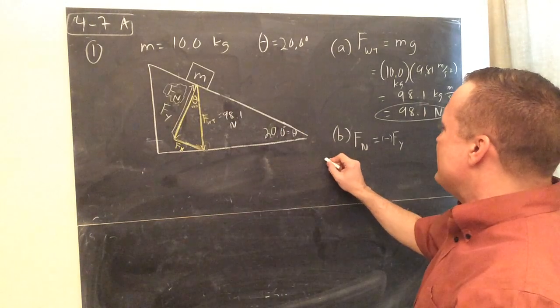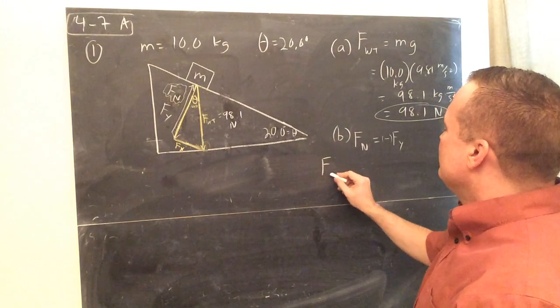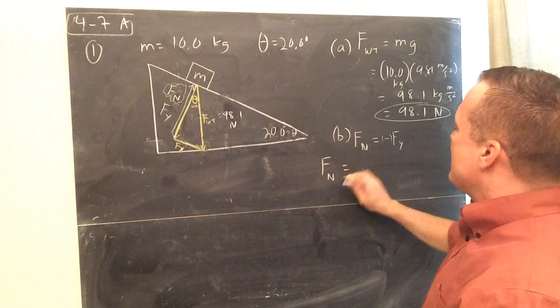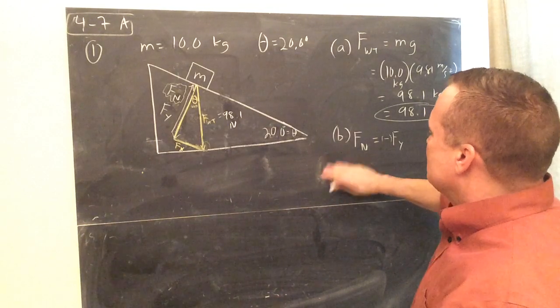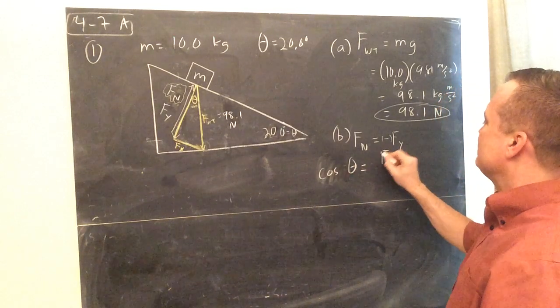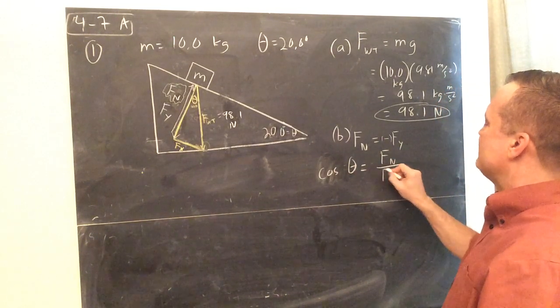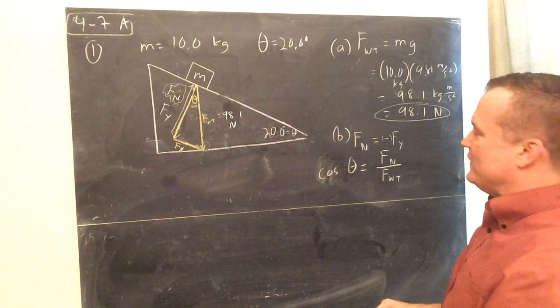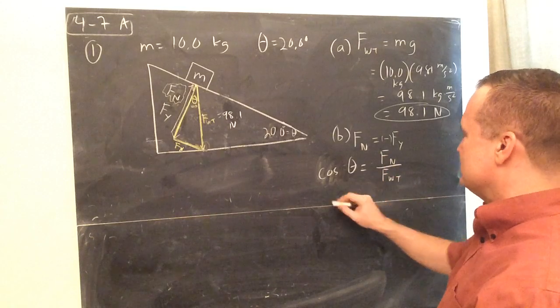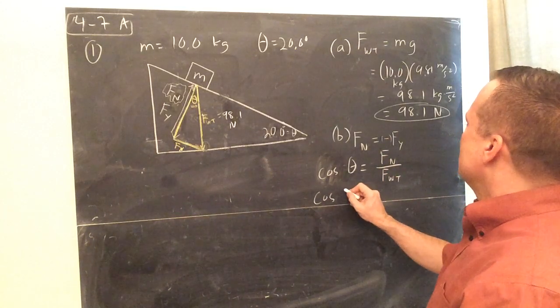But I'll write it that way. So cosine of theta equals F normal over F weight. That's the whole thing. Adjacent over hypotenuse.